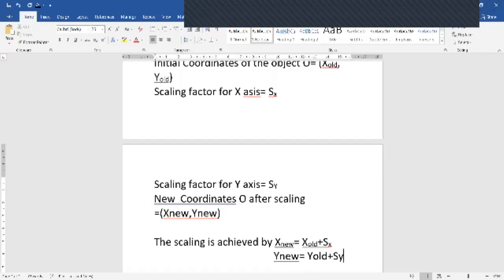So these are the X new and Y new. That means these are the scaling factors.